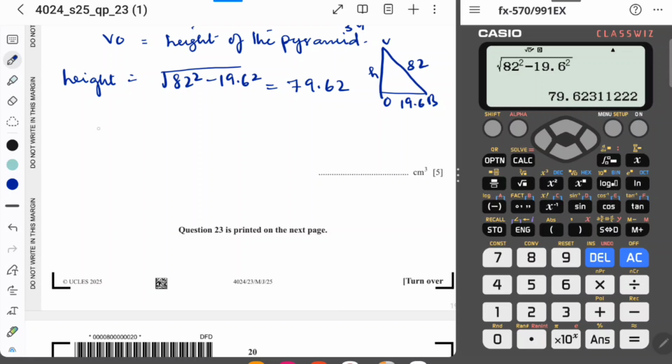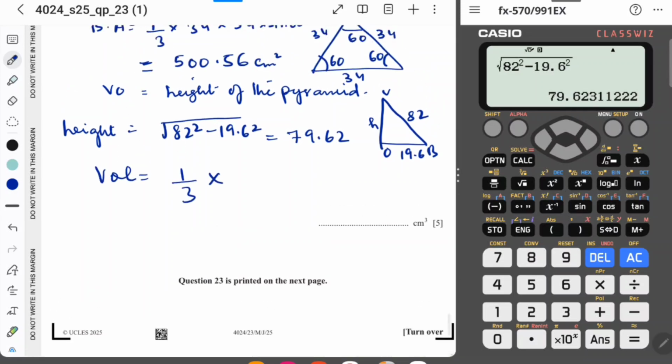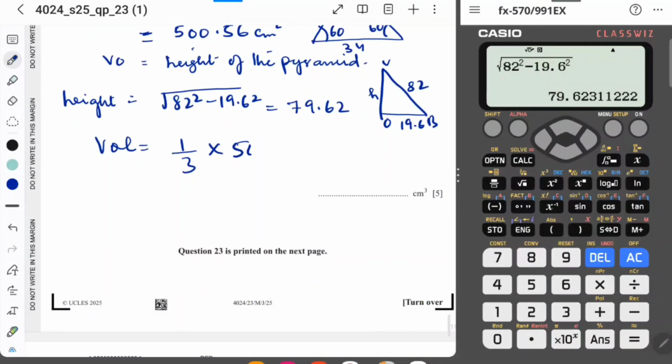Okay, so the volume is equal to 1/3 base area, which is 500.56, multiplied by 79.62.